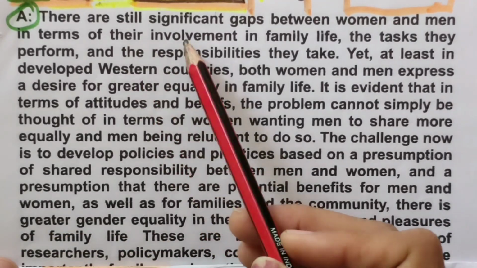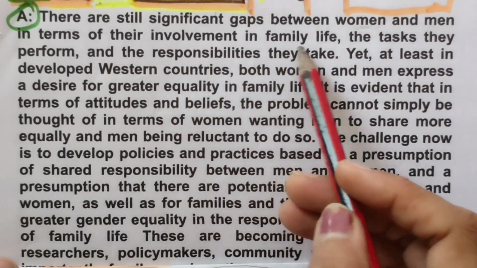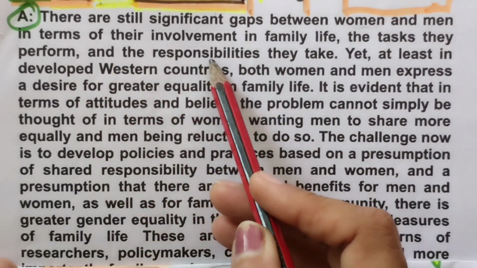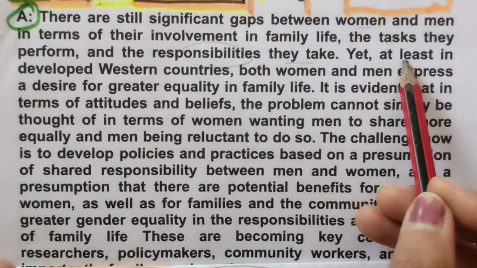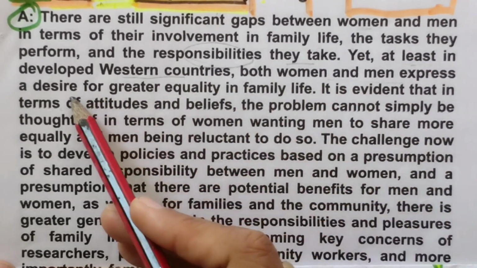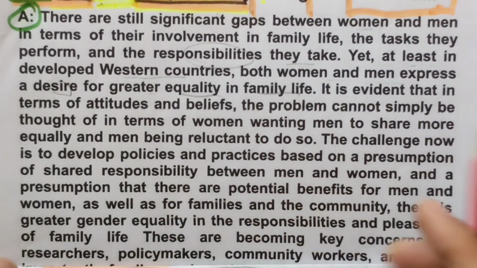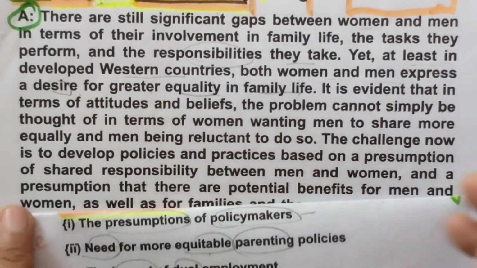There are still significant gaps between women and men in terms of their involvement in family life, the tasks they perform, and the responsibilities they take. Yet at least in developed Western countries, both women and men express a desire for greater equality in family life. So, desire for greater equality.